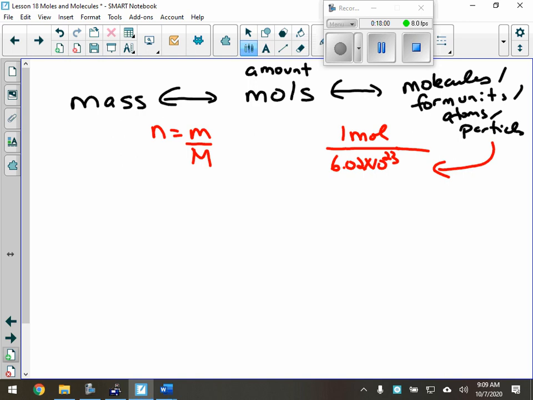If I started at moles and went to molecules, that's 2 days ago. So it depends. That's where you have to read the question and understand what you are given. That's why we write down, this is N, this is little m, and so on. We have to understand that part.